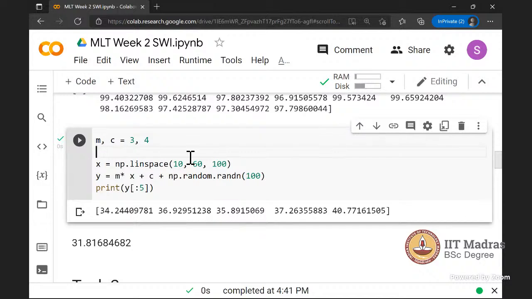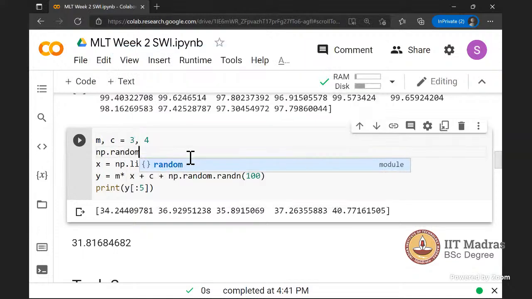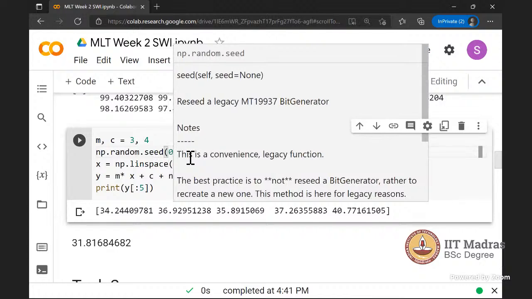You want to make sure that whatever results or conclusions you've drawn are valid even if she runs your code. So we want to make sure that the data being generated is the same every time we do this experiment. For this, there is a method called seed, in which we provide a number, which is a seed number basically.